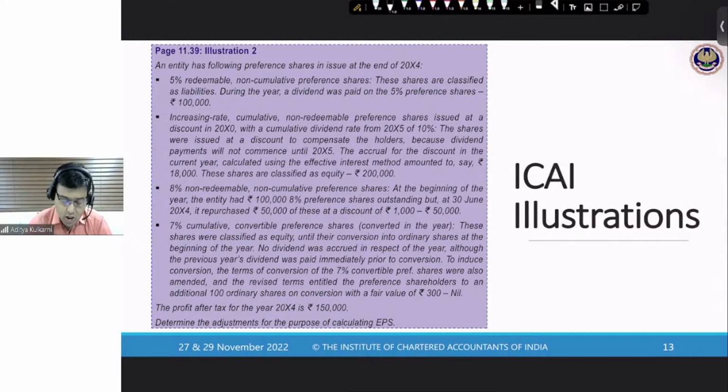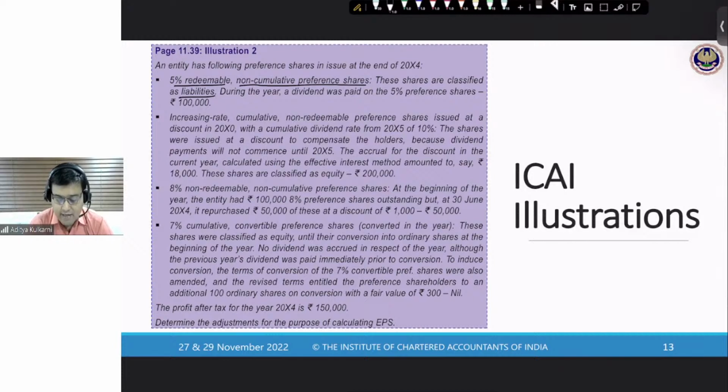An entity has the following preference shares in issue at the end of 20x4: 5% redeemable non-cumulative preference shares. These shares are classified as liabilities.